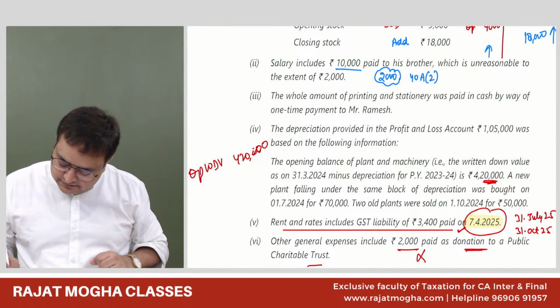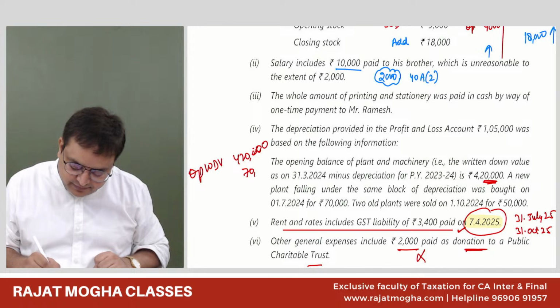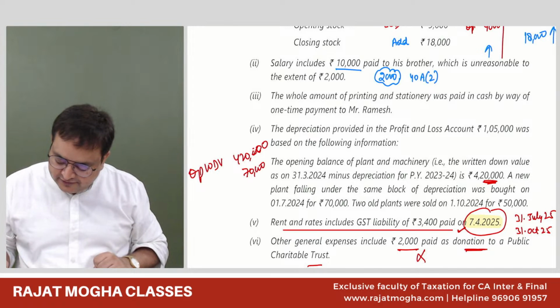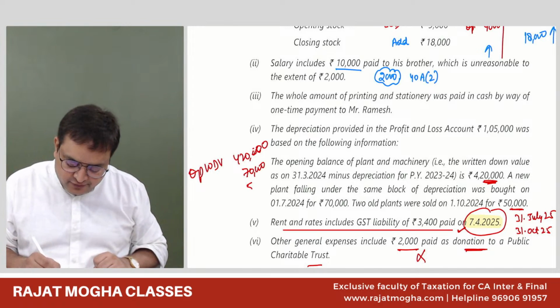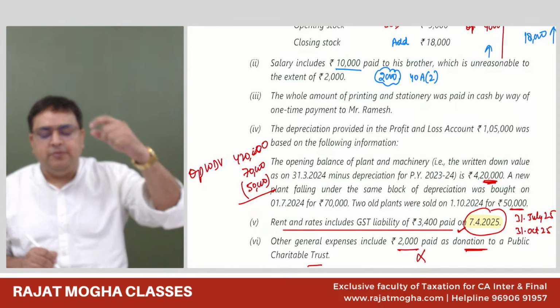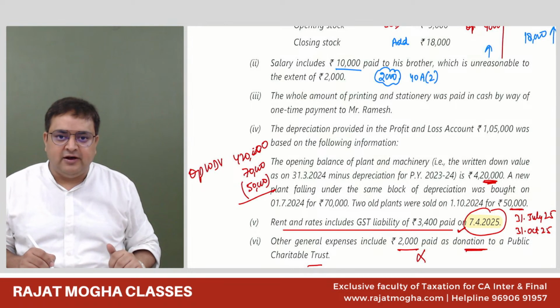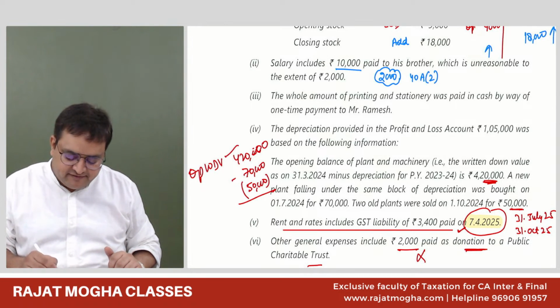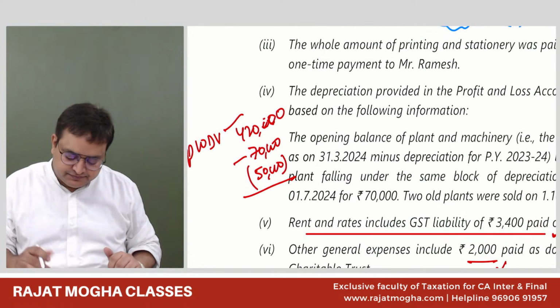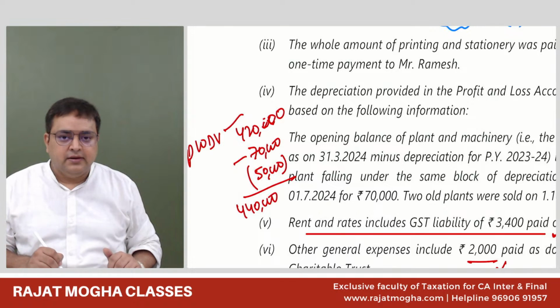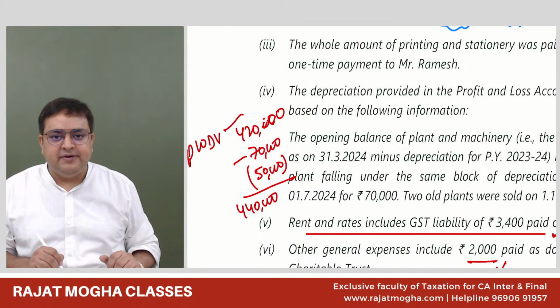And new plant machinery was bought for 70,000. And 2 plants were sold for 50,000. So simply, opening WDV 420, additions during the year 70, minus money received on sale 50,000. So 420 plus 70 minus 50, how much? 440. This is WDV at the end for charging depreciation.